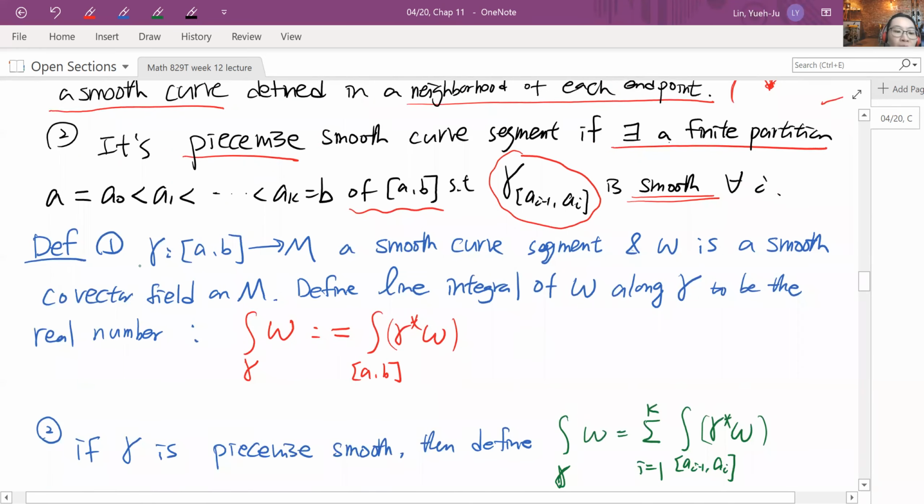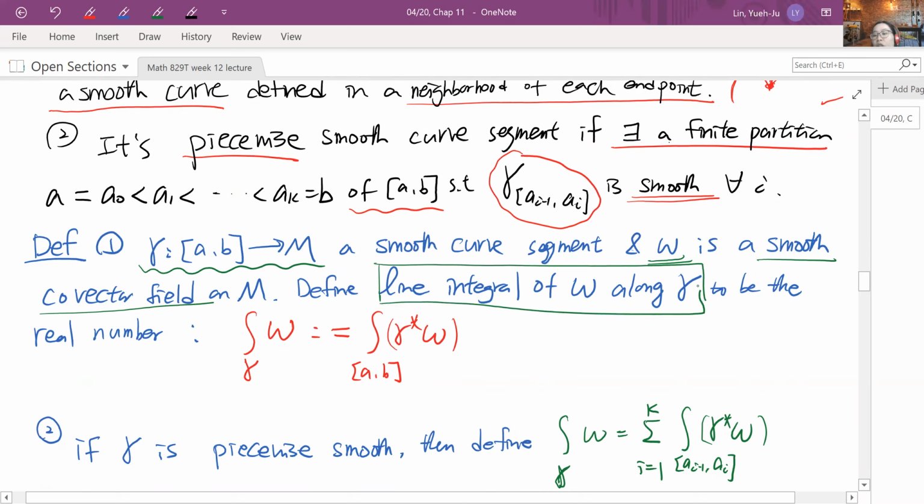Let's say you have a smooth curve segment on M, and omega is any smooth covector field on M. Then we can define what we call the line integral of this covector field along the curve. So this curve is on M, so you're doing an integral of omega on M, but the definition is actually through the integration on R, right?